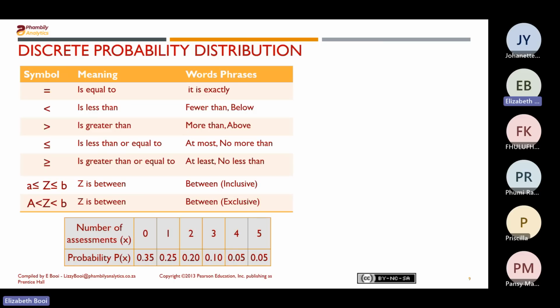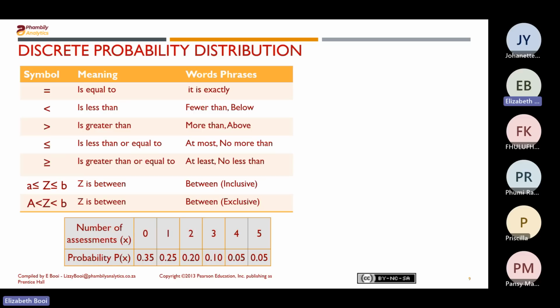You need to know that when they say below or fewer than, they mean less than. When they say more than or above, it means greater than. You need to know all of this so that you know how to answer the questions. Now, the other interesting one is between.